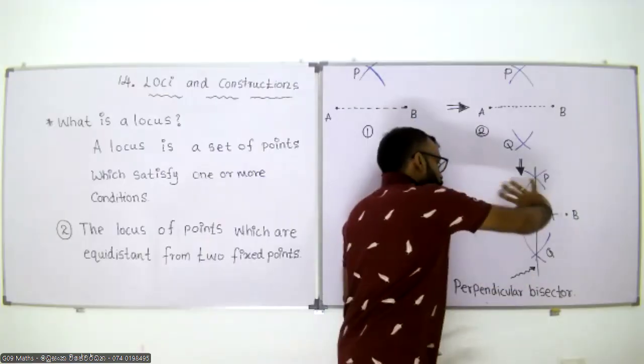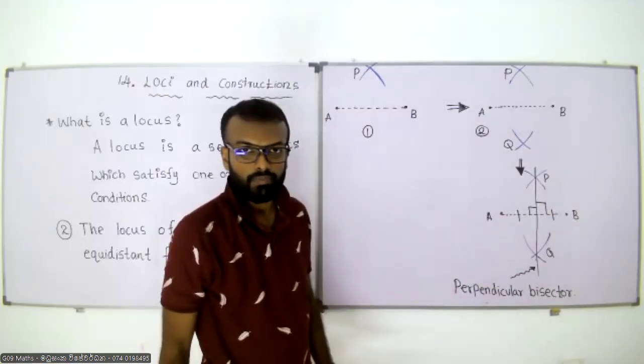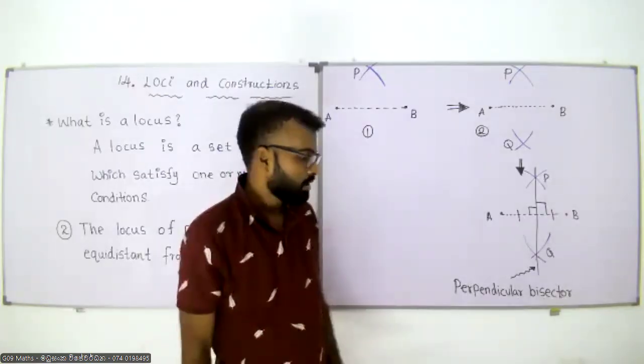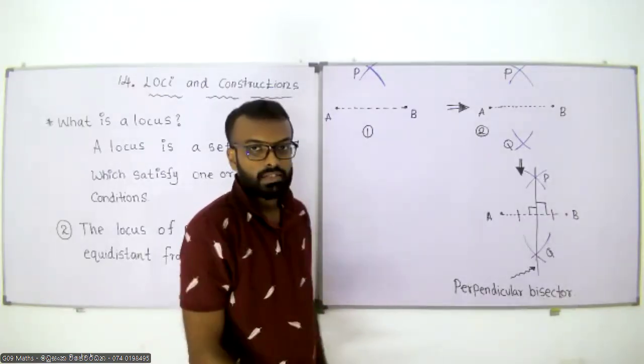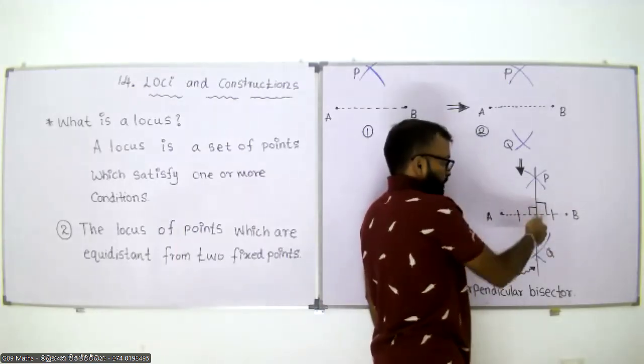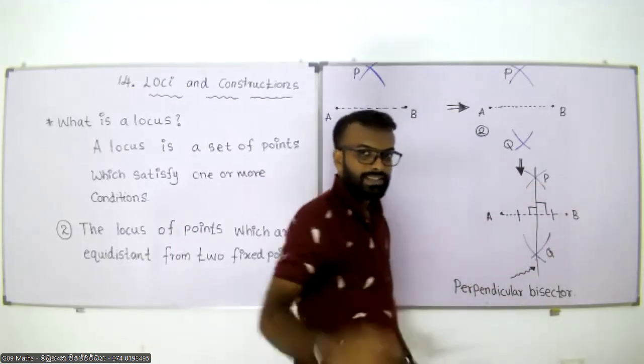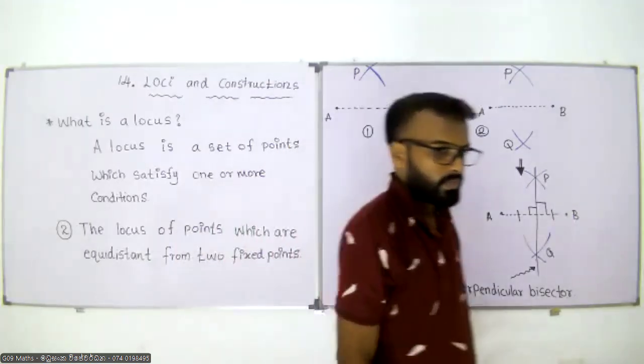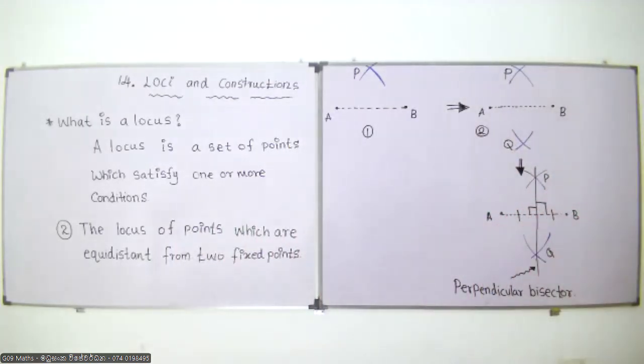Maybe keep that in mind. So that's called the perpendicular bisector. Perpendicular means 90 degrees. Bisector means this distance has been bisected equally. Correct? No issues, right? Okay.